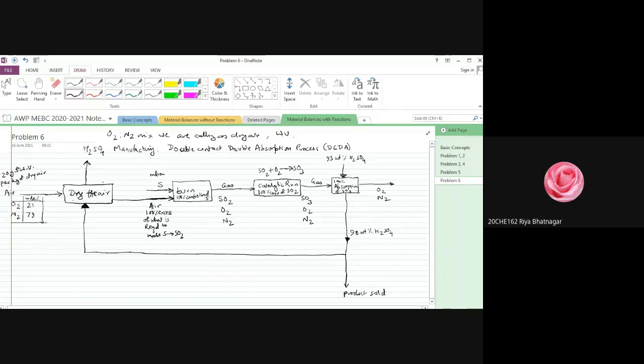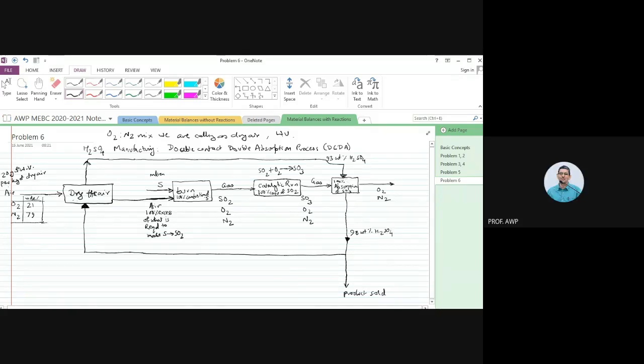For absorption of SO3. Correct. So we will take this sulfuric acid which has picked up water vapor, it has become diluted sulfuric acid, and we will send it to this. Does that answer your question? Yes, sir.